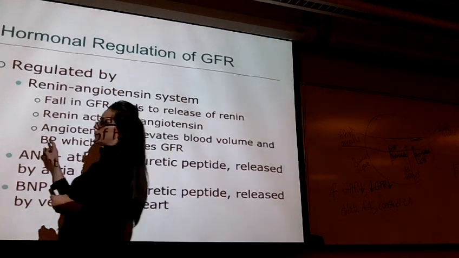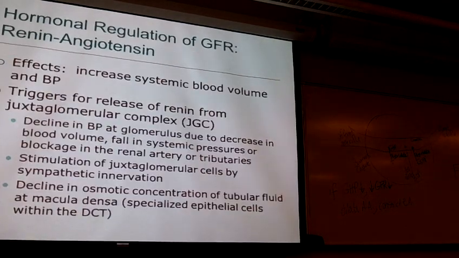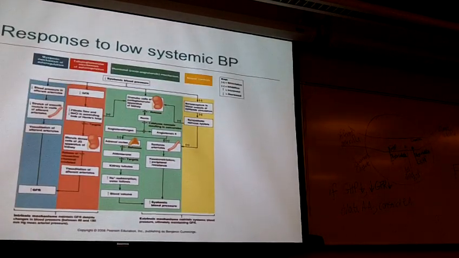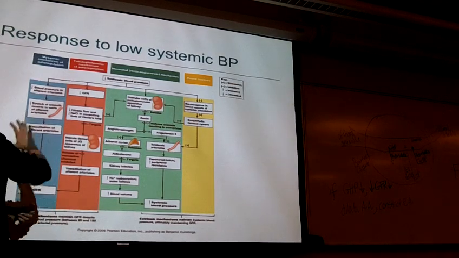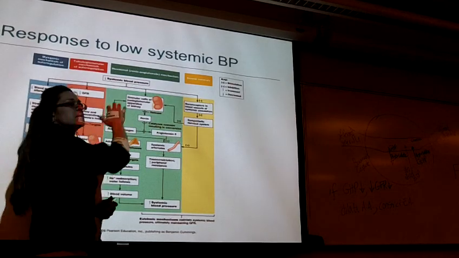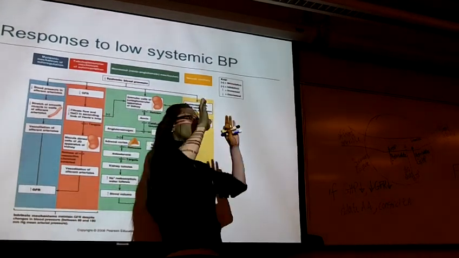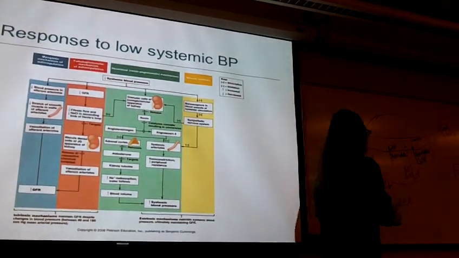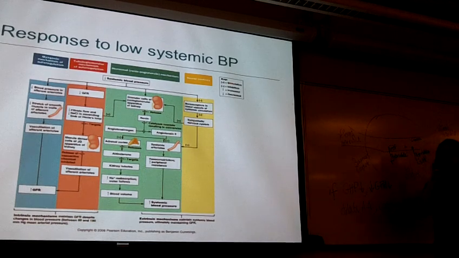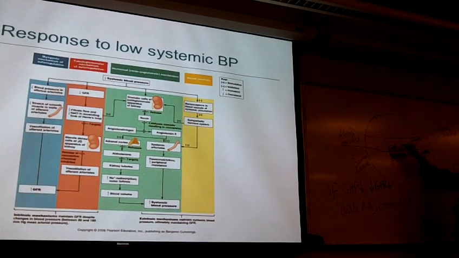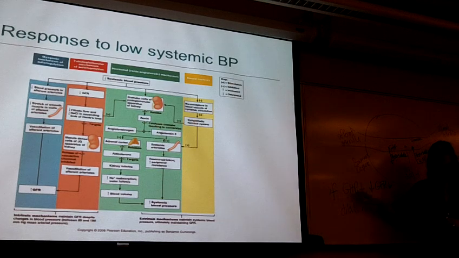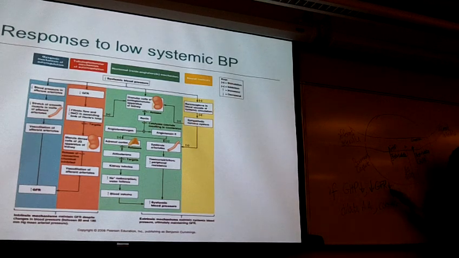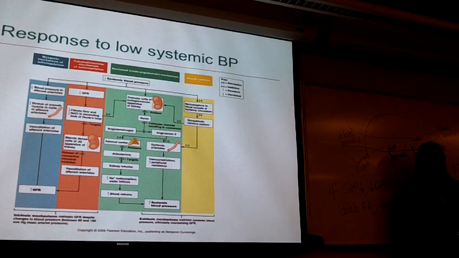So I'm actually going to come over here to this figure because this is a nice summary slide. What this is looking at is if we have a low systemic blood pressure, so throughout the whole body, blood pressure is dropping, then that means the pressure here in the glomerulus, the GFP, would also drop, which would cause our filtration rate to drop.